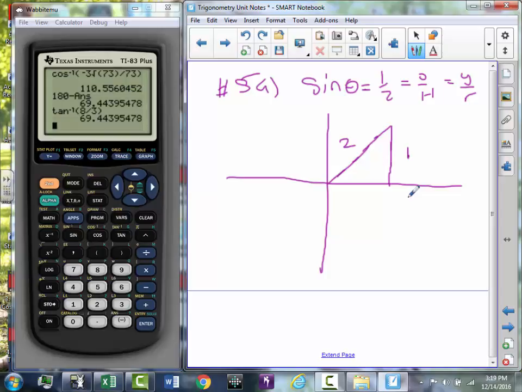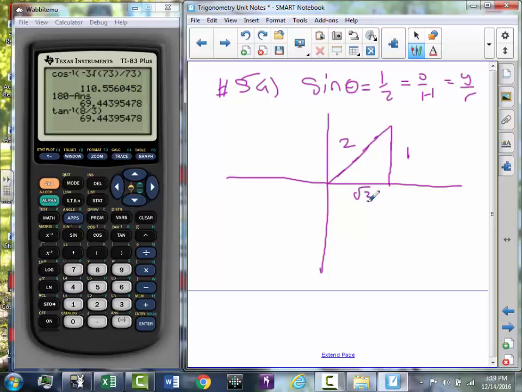So far, so good? Can you find me the adjacent? What would the x value be? Good, it's root 3, because it's 2 squared, which is 4, minus 1 squared, which is 1.